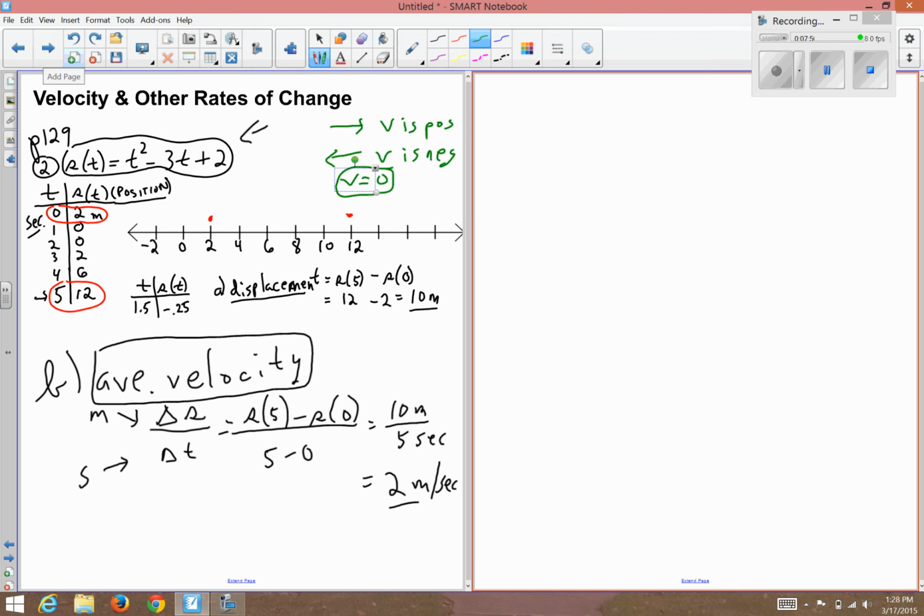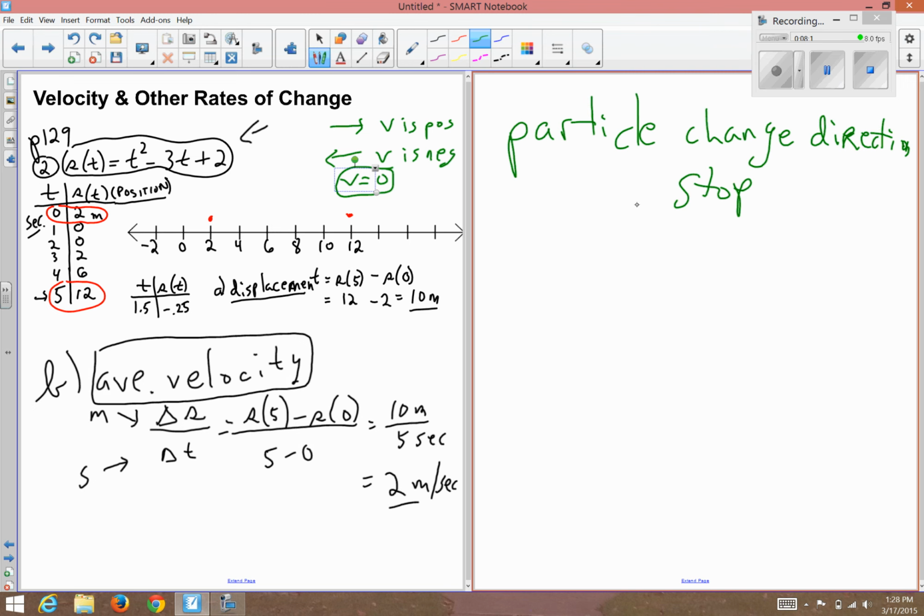when it says the words, at what values of t is the particle changing direction? Interpret particle changing direction to mean the same as the particle stopping. And if something is stopping, that means its velocity is 0.